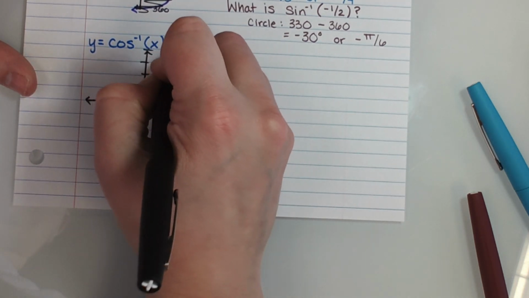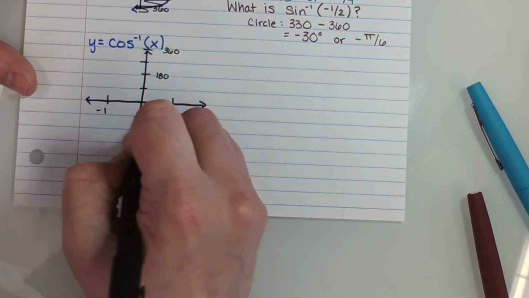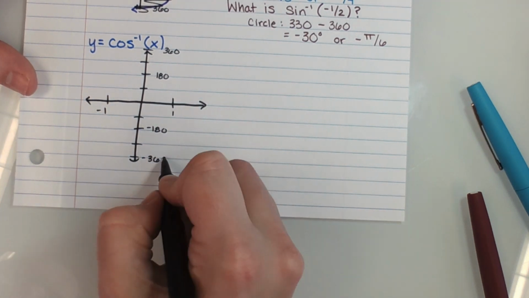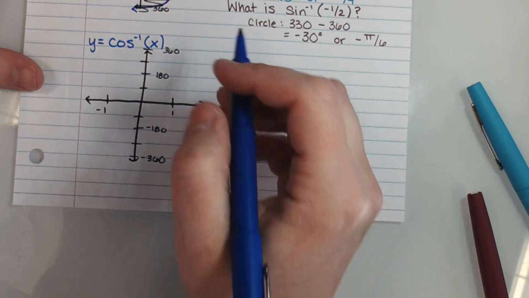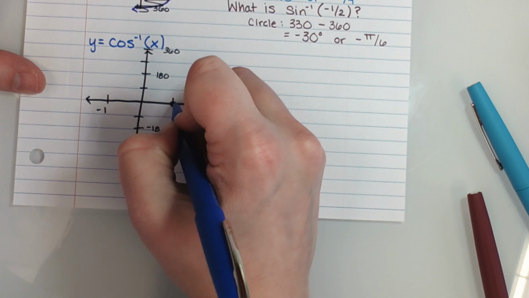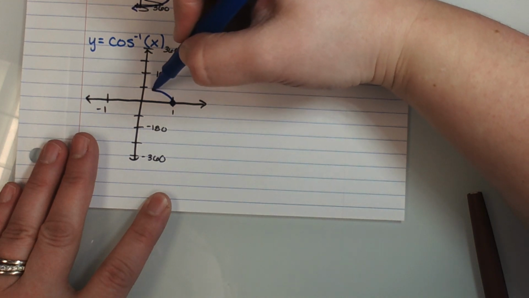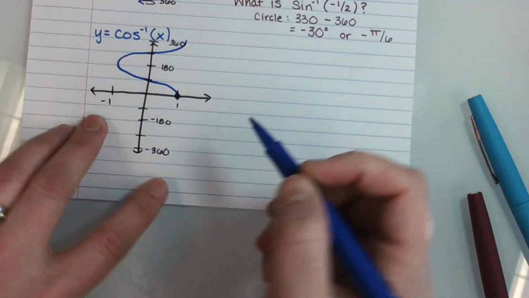Cosine's typical period is 360 degrees, which means I'm going to put that along my y-axis this time. Cosine inverse is going to start up here. And it would look like this.